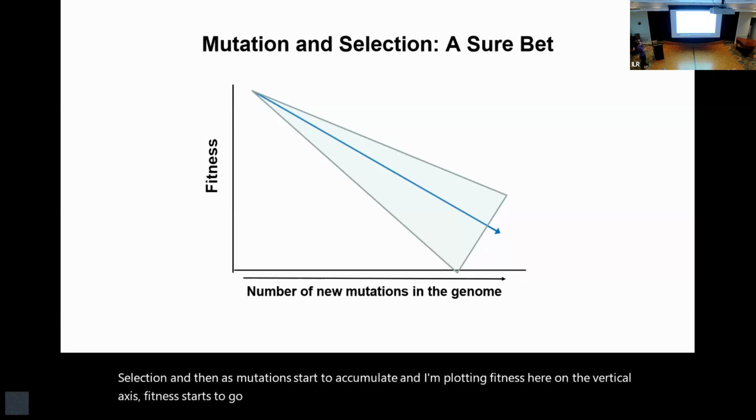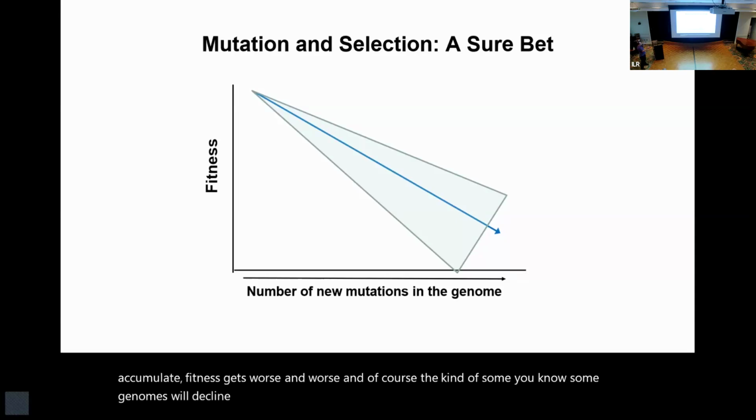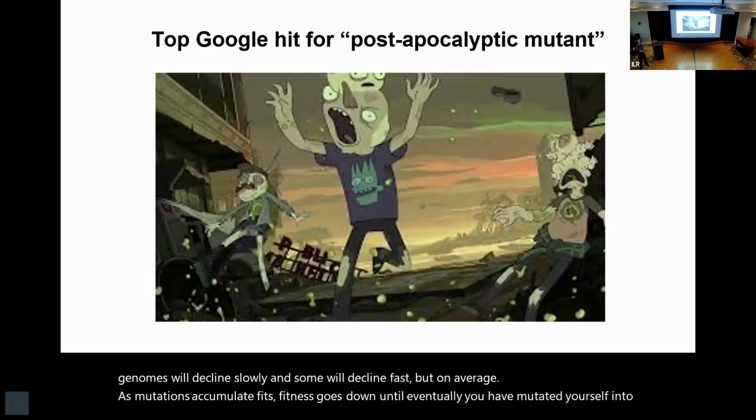The blue line is the trajectory. As mutations accumulate, fitness gets worse and worse. Of course, some genomes will decline slowly and some will decline fast. But on average, as mutations accumulate, fitness goes down until eventually you have mutated yourself into being that.